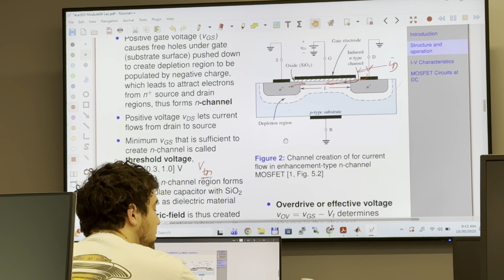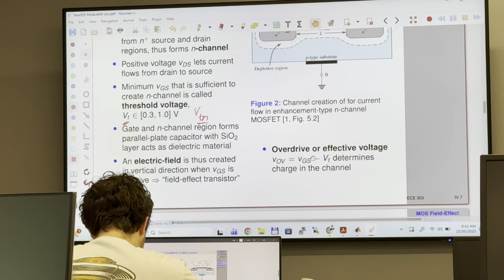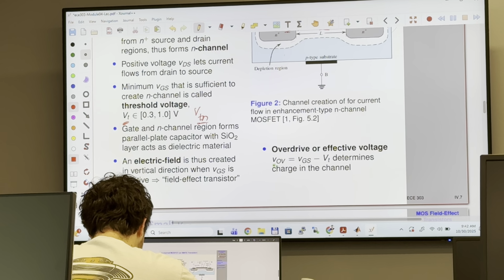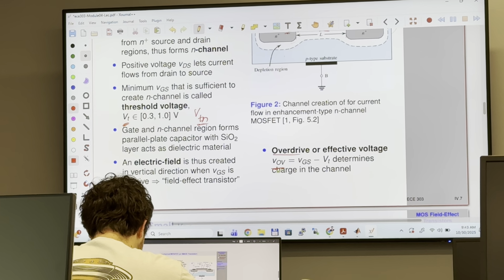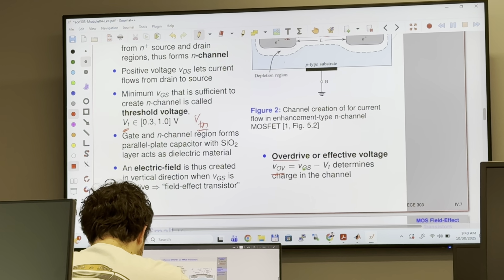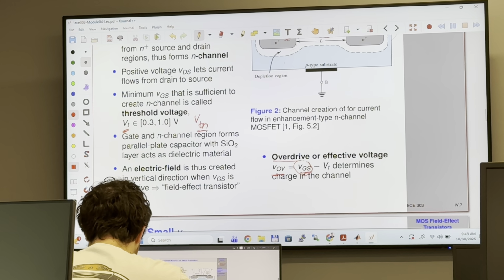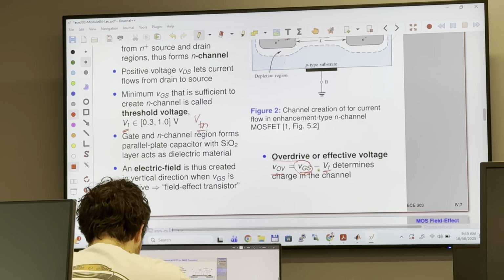Now that's the threshold voltage. The amount of charge in this channel is controlled using the effective voltage. It's called overdrive or effective voltage, which is the voltage you apply to the gate with respect to the source minus this threshold voltage.